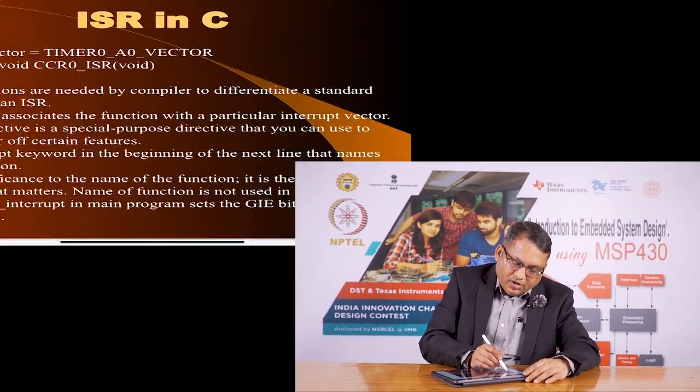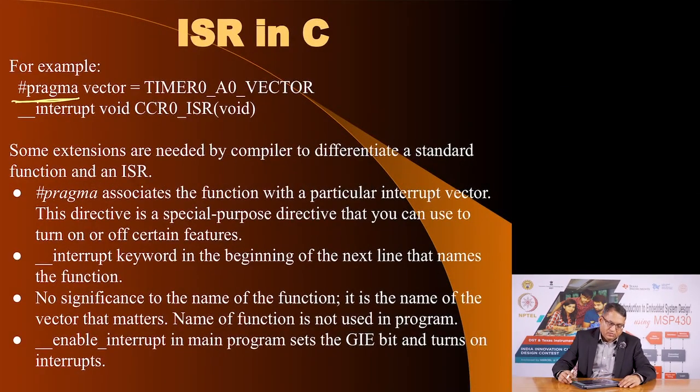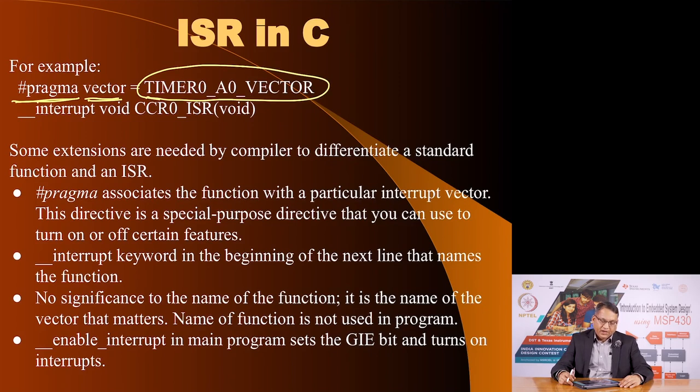You do that by using a hash declaration called hash pragma. This is a keyword vector. You are telling that you are going to deal with the timer 0 A0 vector, and this is the name of the program to be executed in response to this vector.